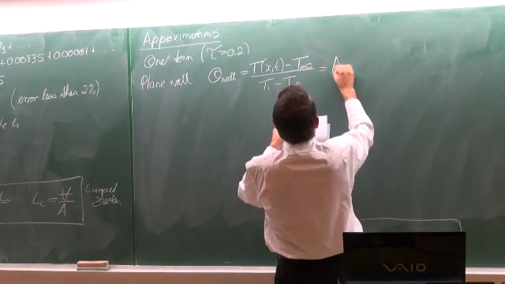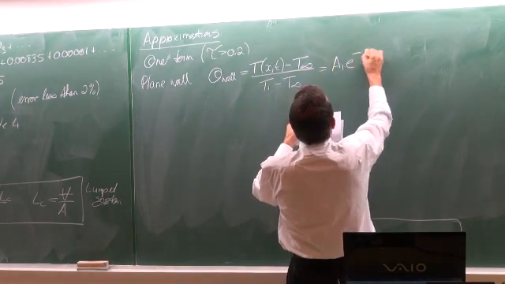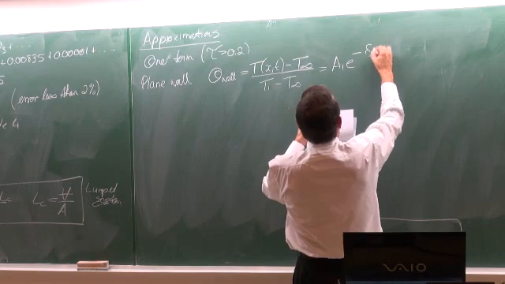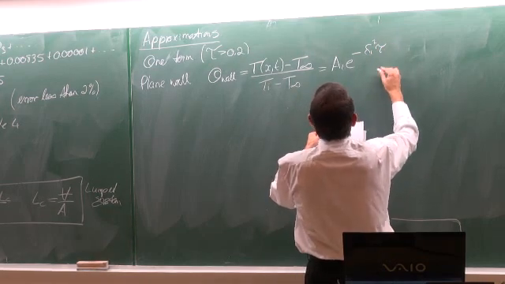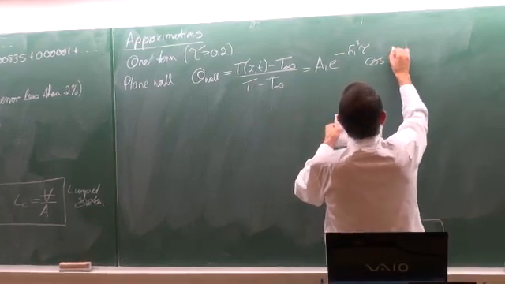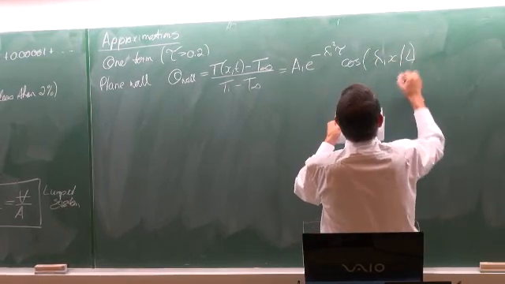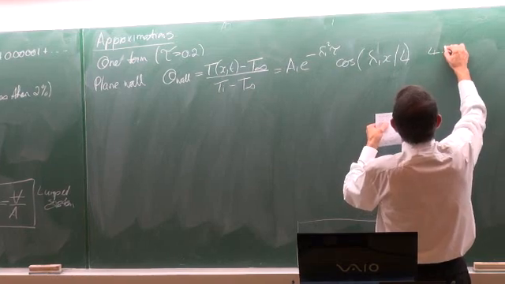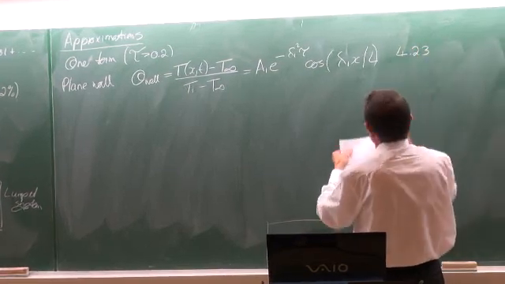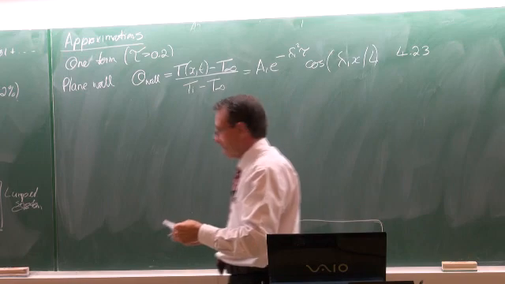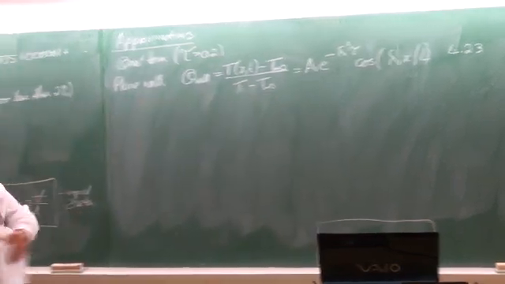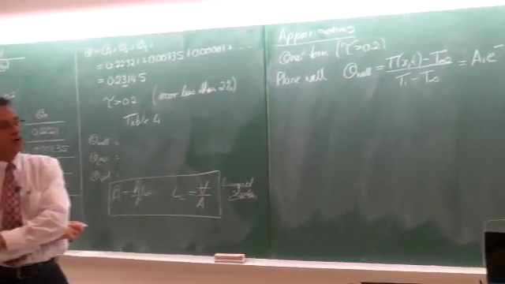That would then be equal to A1 e to the minus lambda 1 squared multiplied by tau multiplied by cos of lambda 1 multiplied by x divided by L. And that is equation 4.23 in your textbook. So that would then be the one-term approximation.